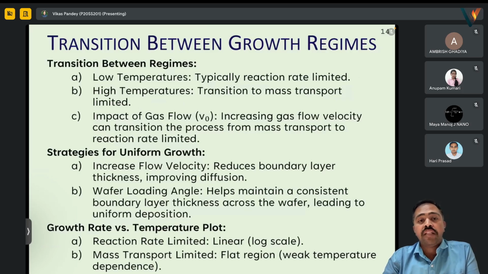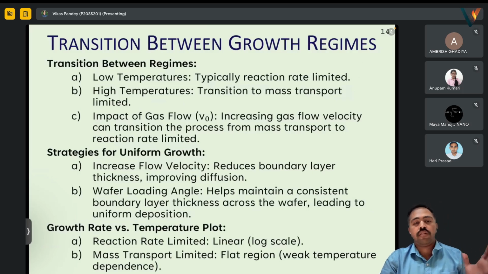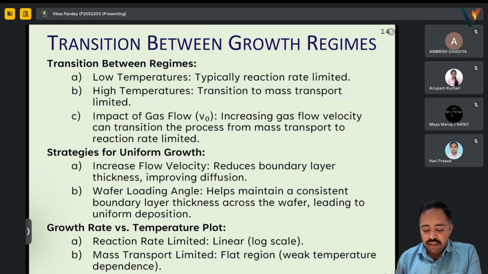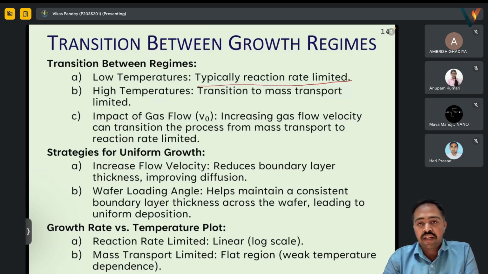We have talked about different regimes, like it is temperature control, then it becomes mass flow control. So how does the transition between these two regimes take place? At low temperature, it is typically reaction rate limited, and the reaction rate will depend on the present temperature.